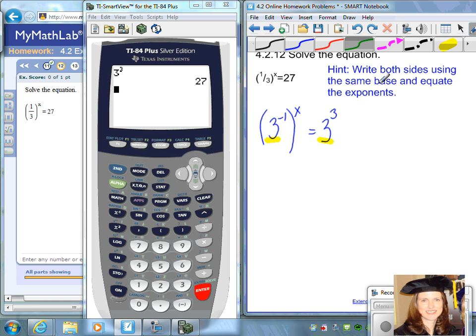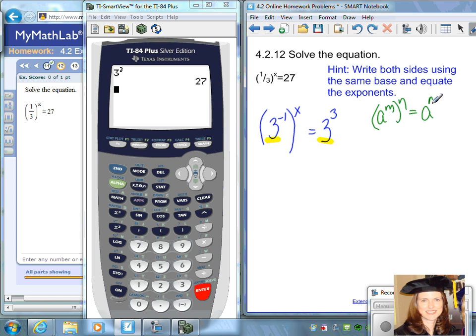Using the rules of exponents, again, if you have a power to a power, you multiply those exponents together, m times n. So 3 to the -1, to the x power, you multiply -1 times x to get 3 to the -x equals 3 to the 3rd power.